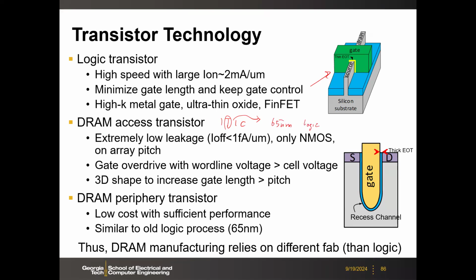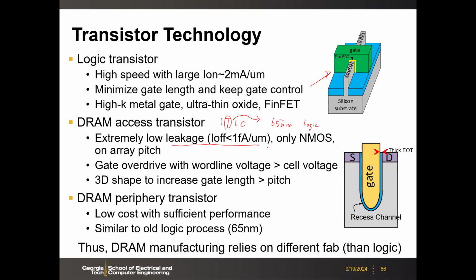Even for today's most advanced DRAM access transistor, the performance is more equivalent to old logic transistor. The reason is that the DRAM access transistor is optimized for low leakage instead of high performance. Okay, why low leakage? Yeah, we know that data retention, right?